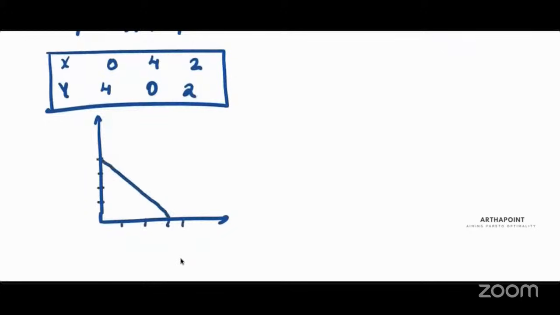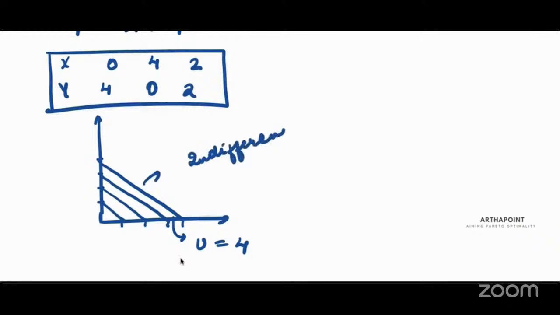This will be my indifference curve. This represents utility at 4. You can have different indifference curves. This represents utility of 3, this represents utility of 2, utility of 1, and so on. So these are my set of indifference curves, as we call it, the indifference map.